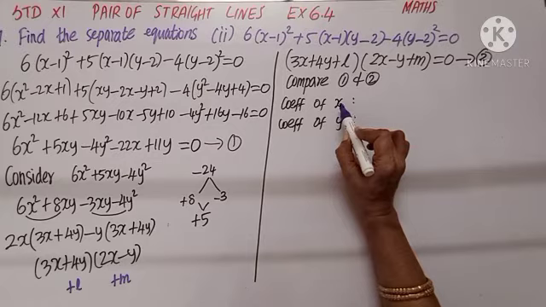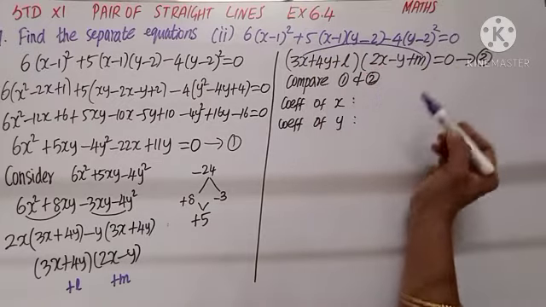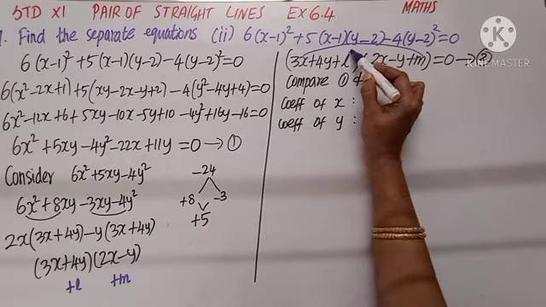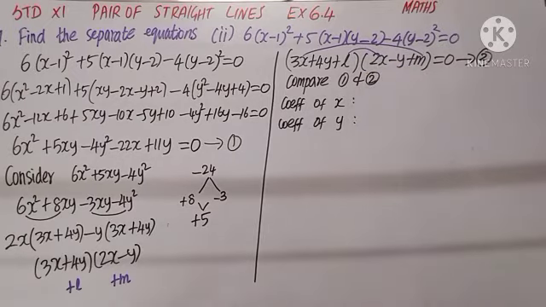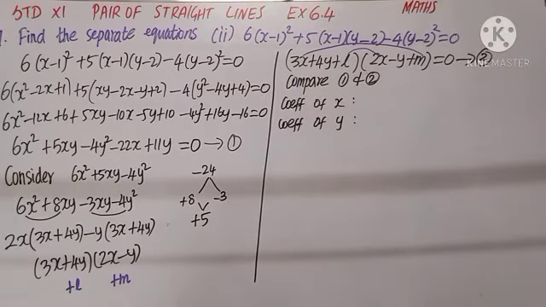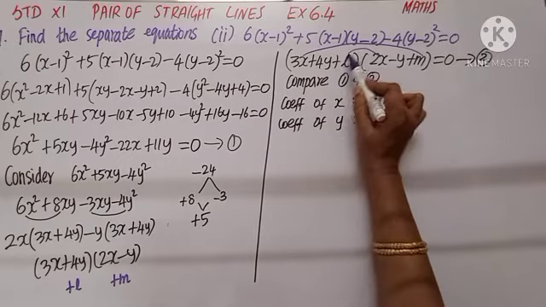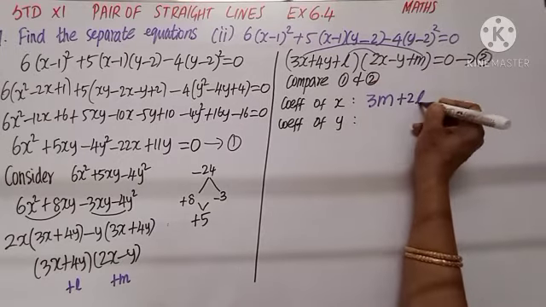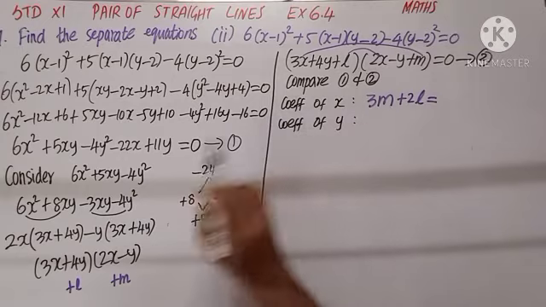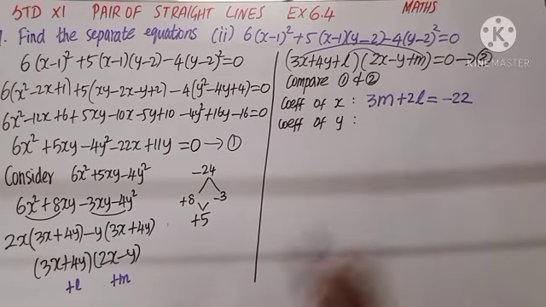When I compare x: x from the first bracket, constant from the second, constant from the first and x from the second. So what is my equation? 3 into M plus 2 into L. The coefficient of x in the first equation is minus 22.